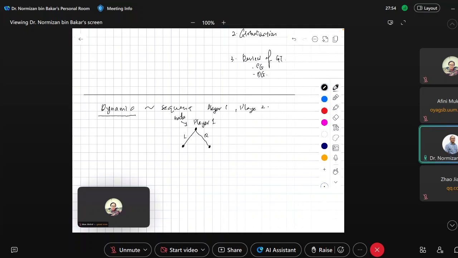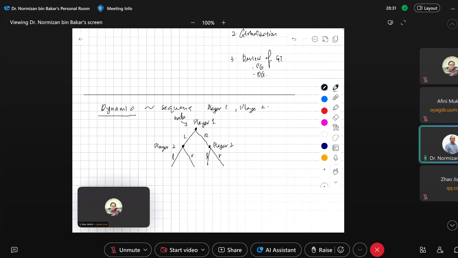Now in the second movement, player two, or in the second stage, sometimes we call it a stage. So here is the choice of player two. Let's say player two has two choices too, left and right. In this case, player two can see the choice of player one.